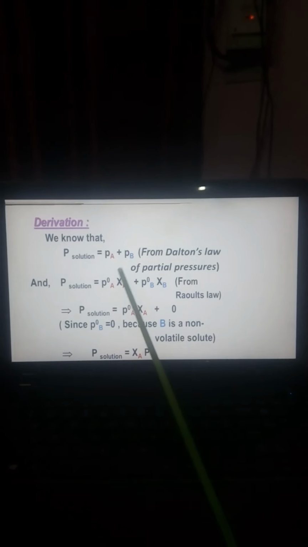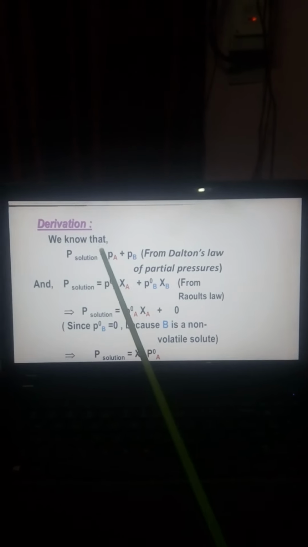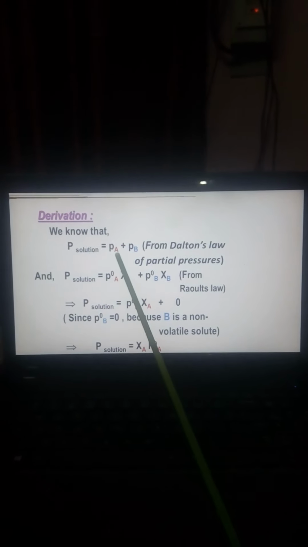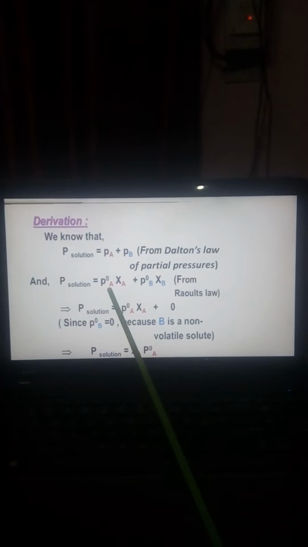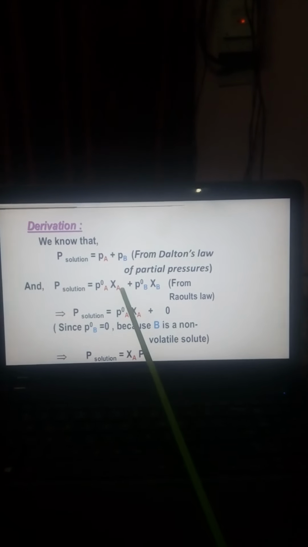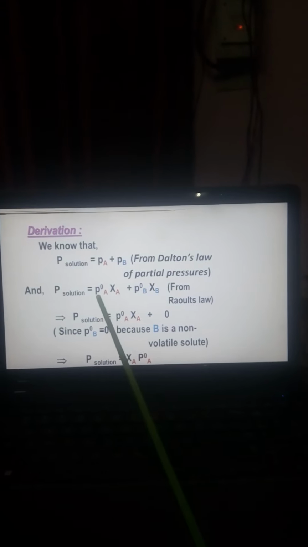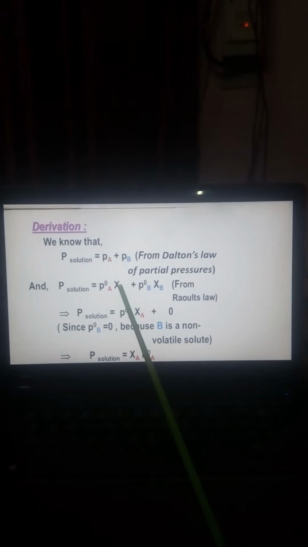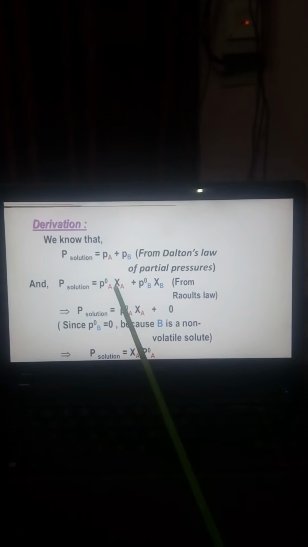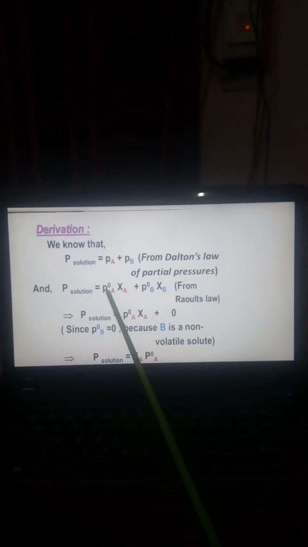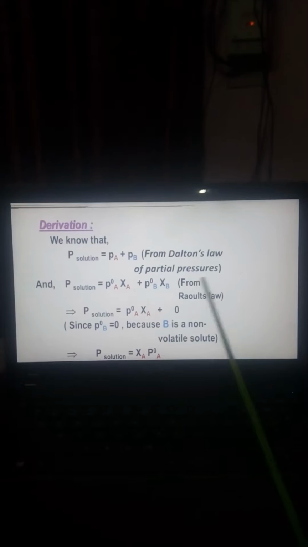How? Because we have just discussed that the partial pressure of component A, the solvent, is equal to the product of the pressure of the solvent in its pure state and its mole fraction in the solution. That means PA equals P naught A XA, from Raoult's law.